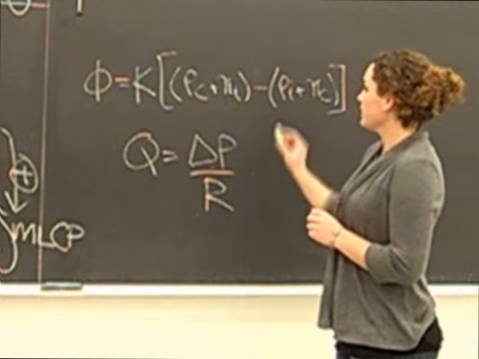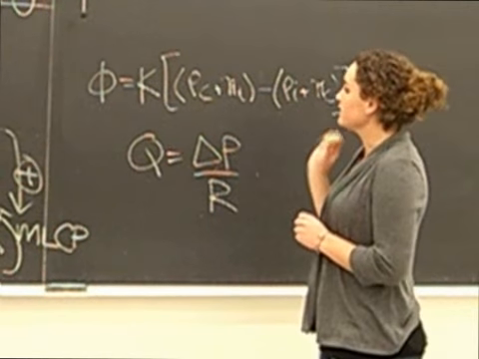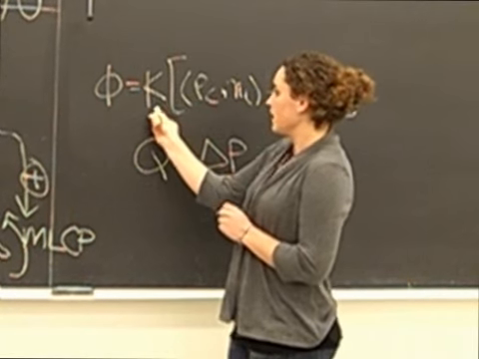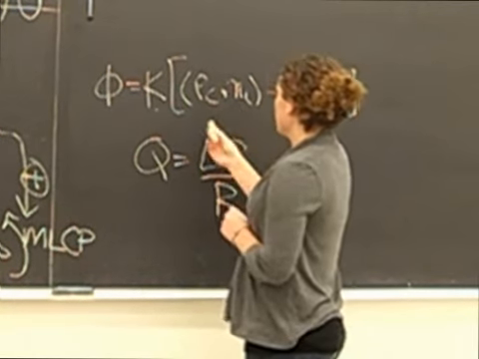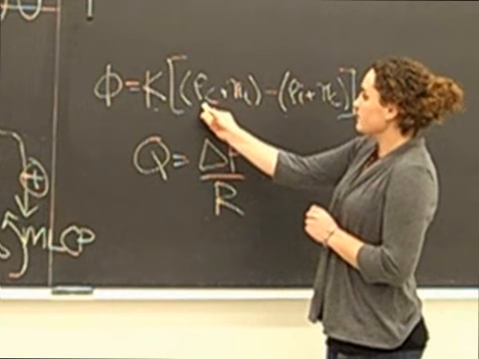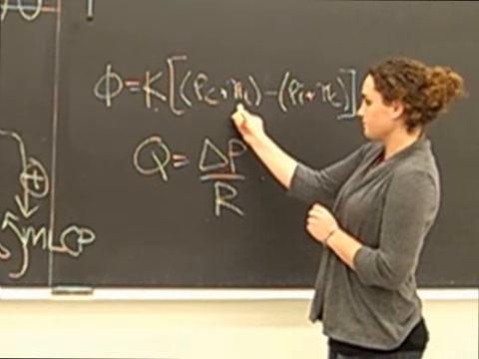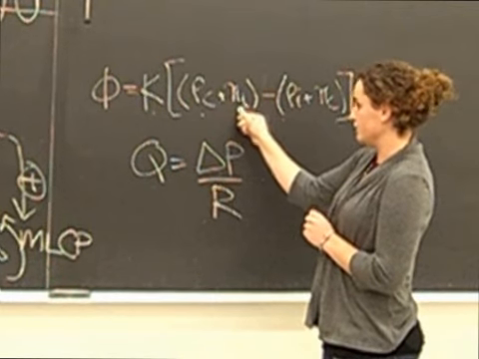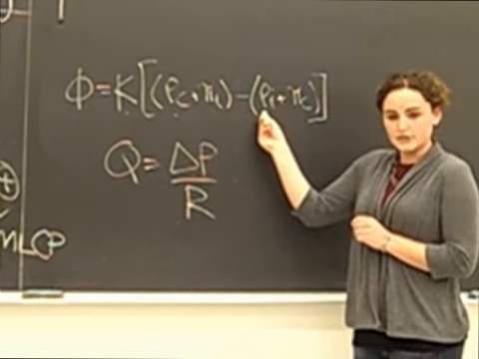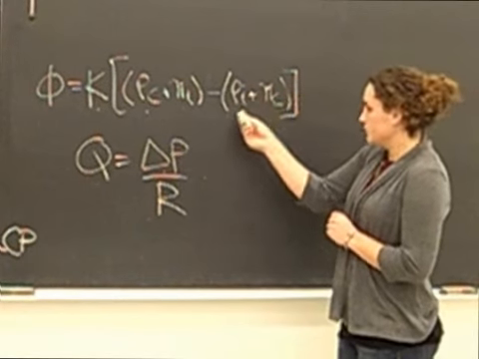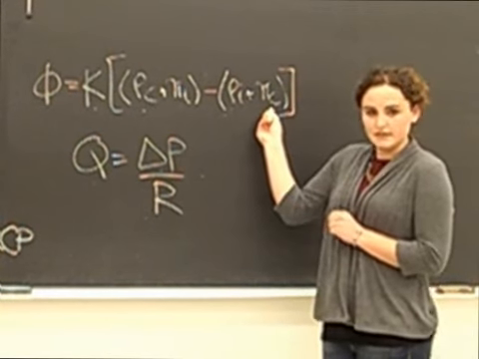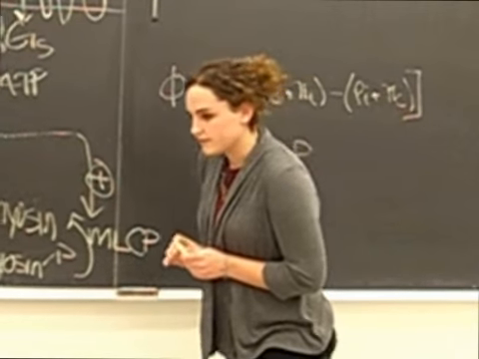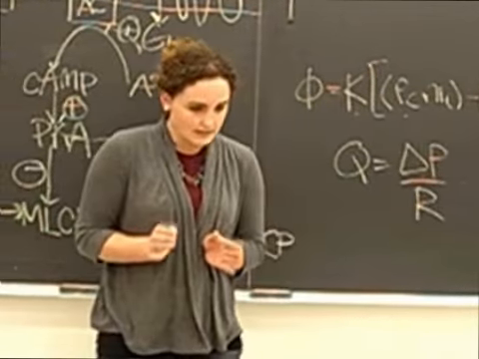And we're also going to be talking about Starling's law of ultrafiltration, which says that the flow across the capillaries is equal to the permeability coefficient times the hydrostatic pressure of the capillaries plus the oncotic pressure of the interstitial fluid, minus the hydrostatic pressure of the interstitial tissue plus the oncotic pressure of the capillaries.